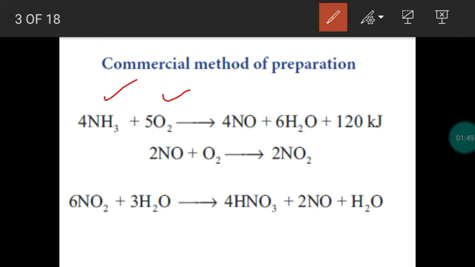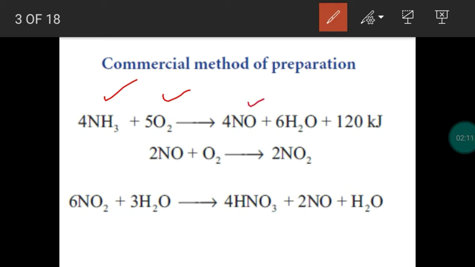When these two gases are passed into a chamber which contains platinum as a catalyst, in the presence of the platinum catalyst, nitrogen and oxygen gases combine together at high temperature, around 1275 Kelvin.